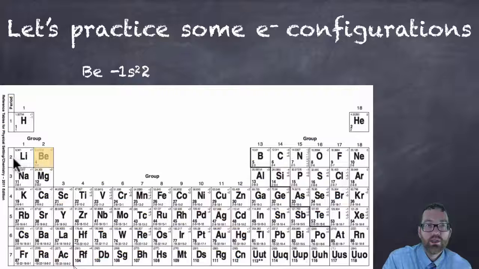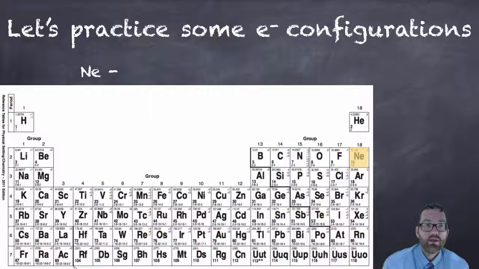So in principal energy level 2, it has electrons in the s orbitals because we are still in the s block. So it would have the third electron that lithium has, but it also has one more. So we would write 2s2. So there's the 1s1, 1s2, 2s1, 2s2. So that's beryllium. 1s2, 2s2.